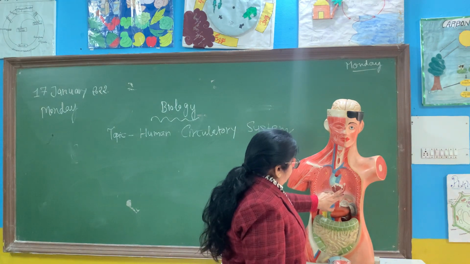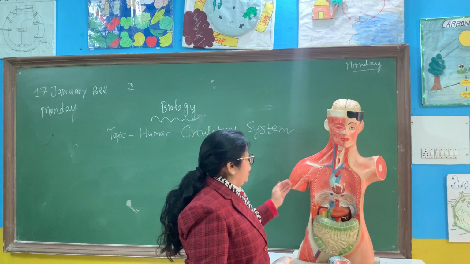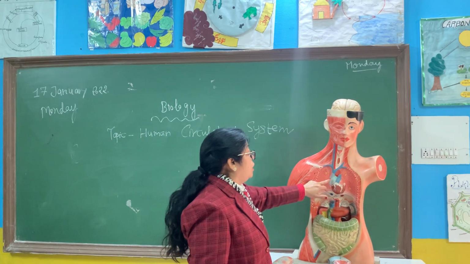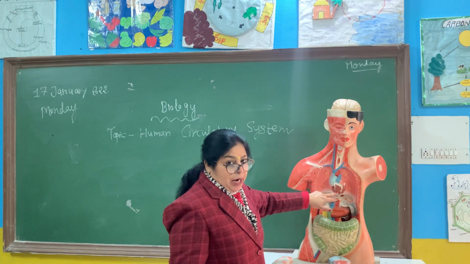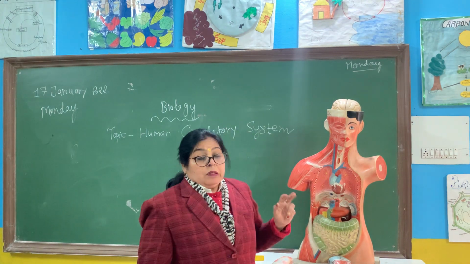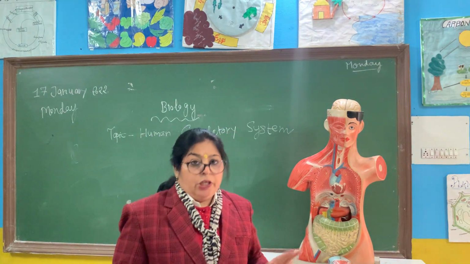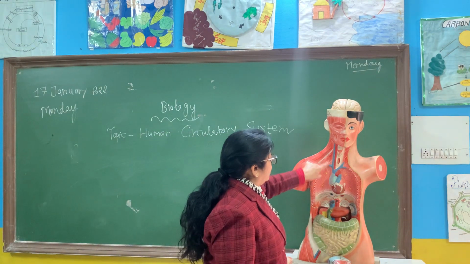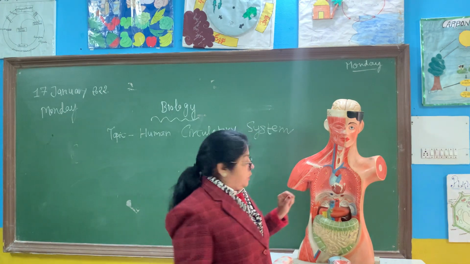Veins have the deoxygenated blood which they carry from all parts of our body and bring the blood to the right auricle, from right auricle to the right ventricle. But only the pulmonary artery is the artery which carries the deoxygenated blood from the right ventricle to the lungs for purification.